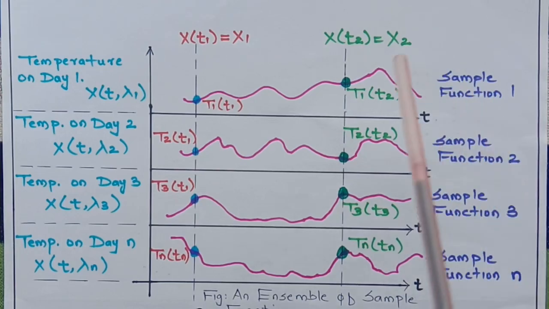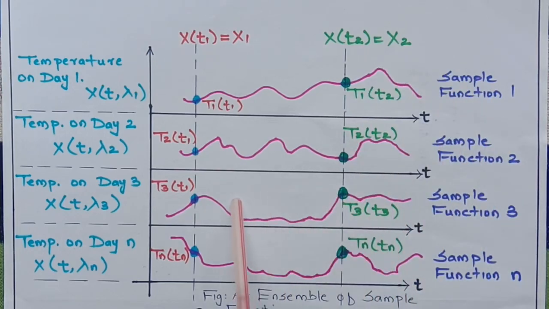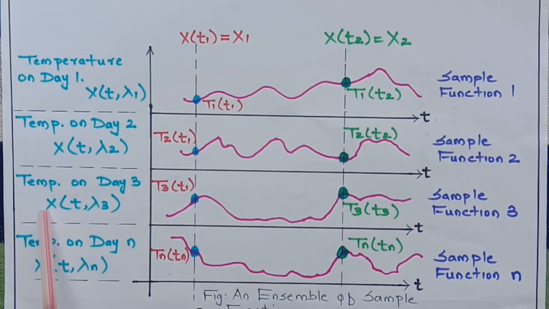Now similarly, we go on to day 3. It is the temperature on day 3 represented by x of t comma lambda 3. So it is T3 of t1 at instant t1. We have recorded the temperature.